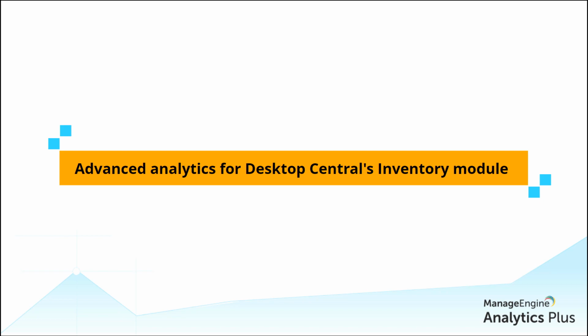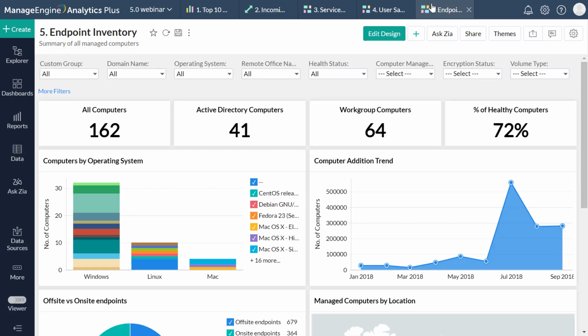This is where Advanced Analytics for Desktop Central's inventory module comes into play. With these pre-built reports and dashboards, you can access insightful visualizations that act as a one-stop solution, allowing you to monitor all your endpoints in real time. A great example of the out-of-the-box reports offered is the Endpoint Inventory Dashboard.